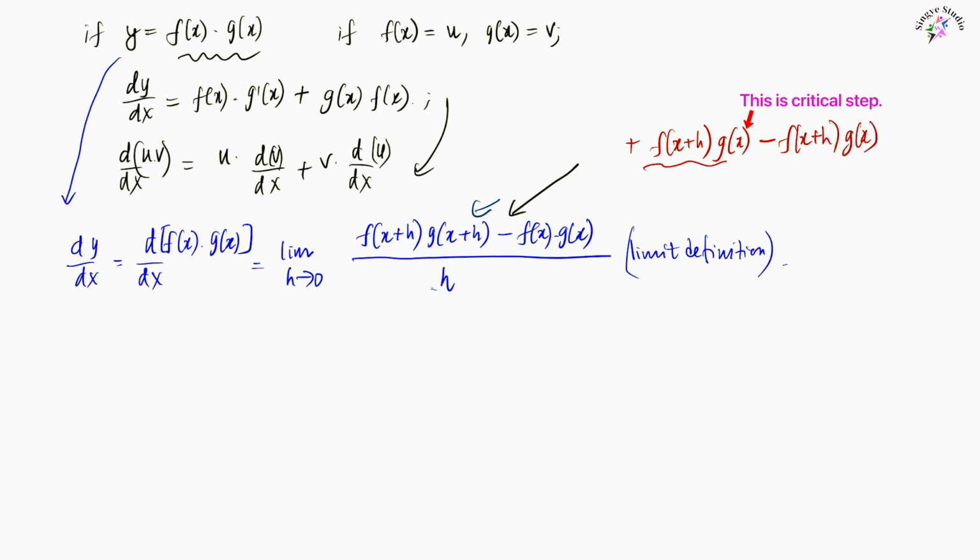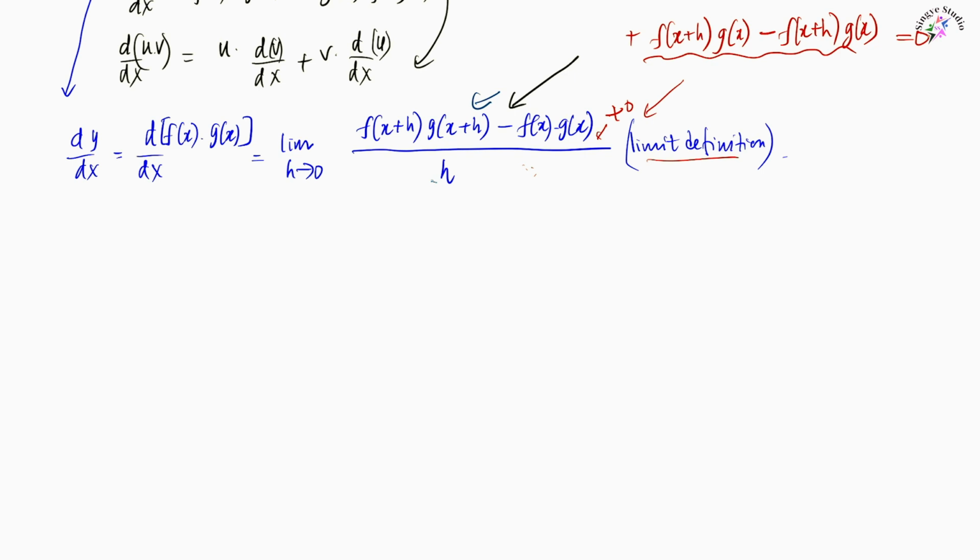Because this sum equals 0, if you add 0 here, the meaning of the whole equation will not change. But by adding these, we can modify it in such a clever way to evaluate the limit so that we can reduce this form to the limit definition.